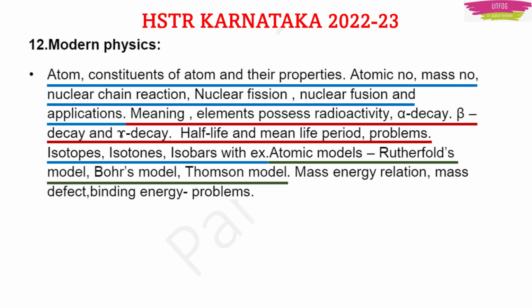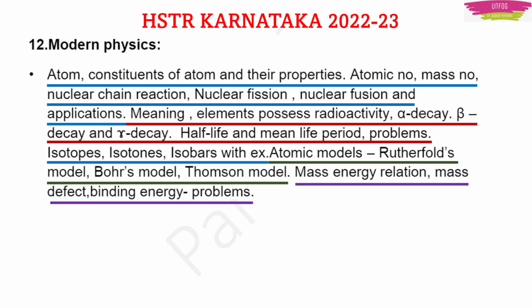We also discussed alpha, beta and gamma decay, half-life and mean life period, and problems based on these. We also discussed isotopes, isotones, isobars, and the atomic models, namely Rutherford's model, Bohr's model and Thomson's model. In this class, I am going to discuss the rest of the portion: mass-energy relation, mass defect and binding energy, and problems based on these topics.